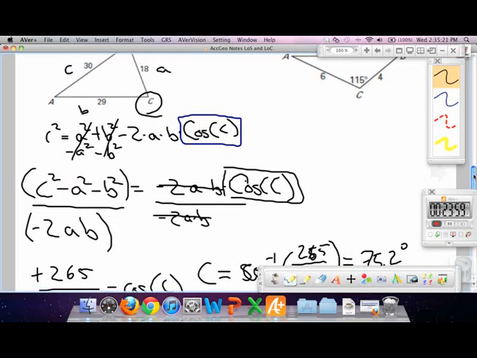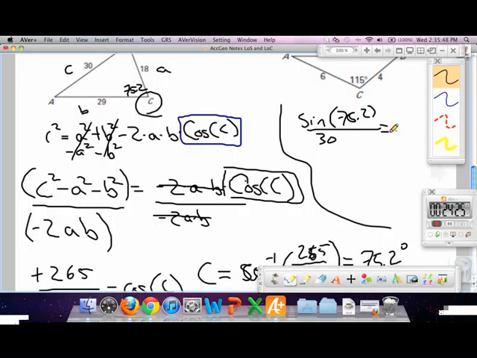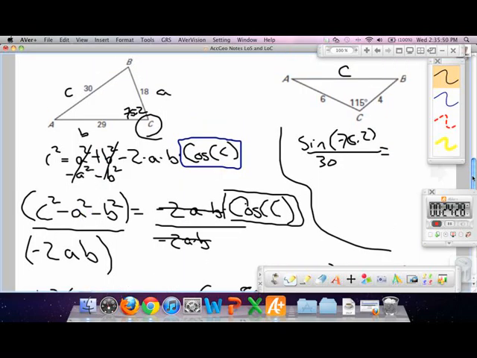Since the law of sines is just a nice little proportion, you can say sine of C over 30 is equal to, let's pick a second angle we want to find, A, sine A over 18. So you can use the law of sines, and it would be a lot quicker. Just a proportion, hammer it out.